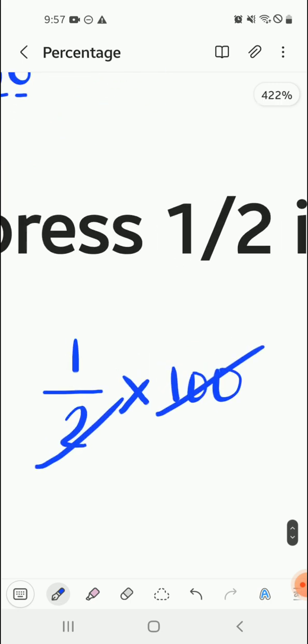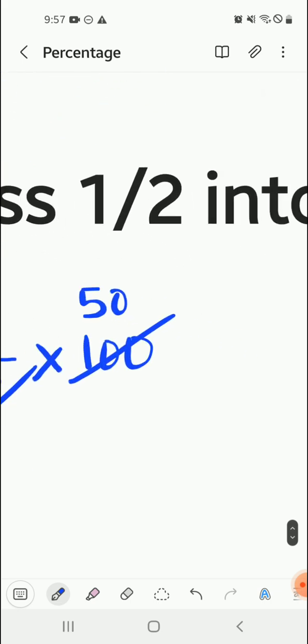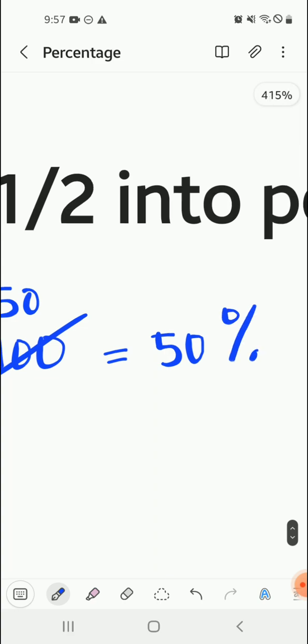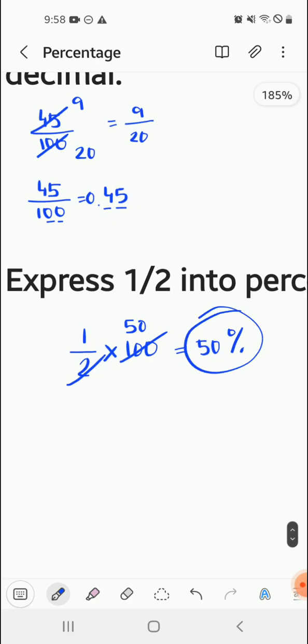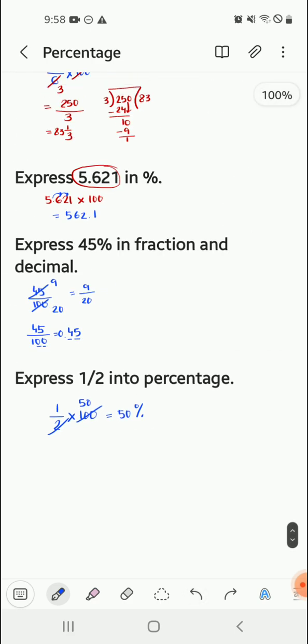Now just reduce it, we get 50. Remember to put this percentage sign if you are asked to express a fraction or a decimal in percentage. After the calculation is done, the percentage sign is mandatory. That is it.